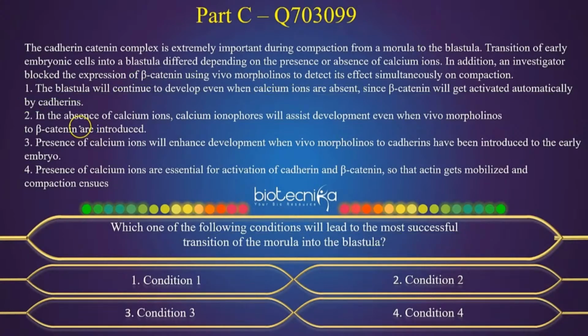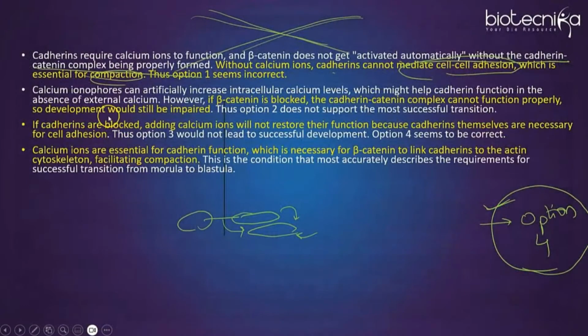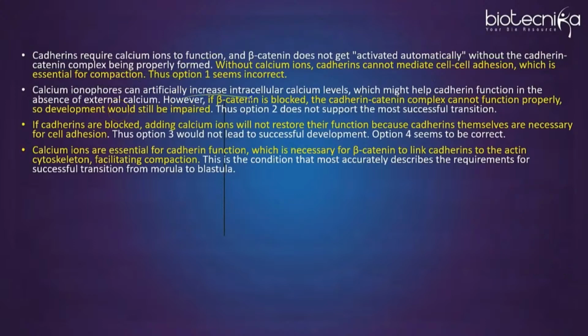The second option says that in the absence of calcium ion, calcium ionophores will assist development even when in vivo morpholinos to beta-catenin are introduced. Calcium ionophores can artificially increase intracellular calcium level, which might help cadherin function in the absence of external calcium. However, if beta-catenin is blocked, the cadherin-catenin complex cannot function properly, so development will still be impaired.